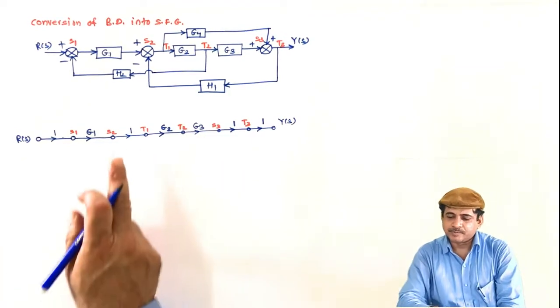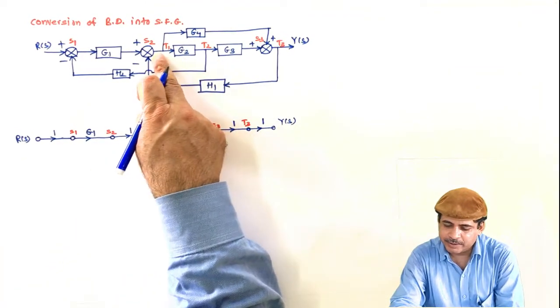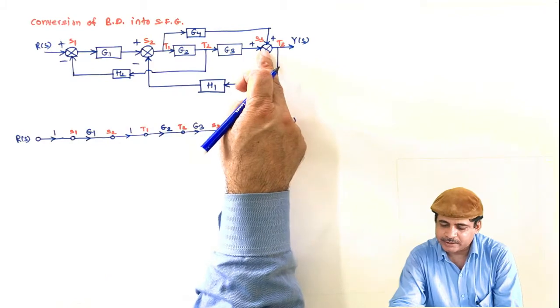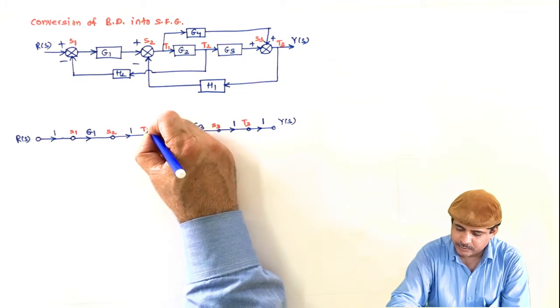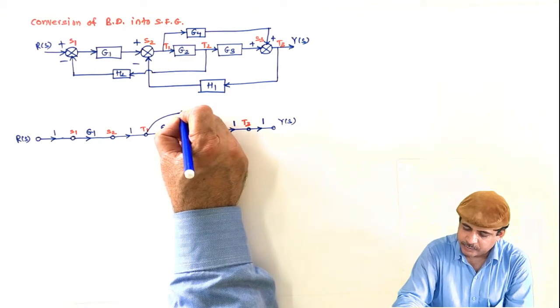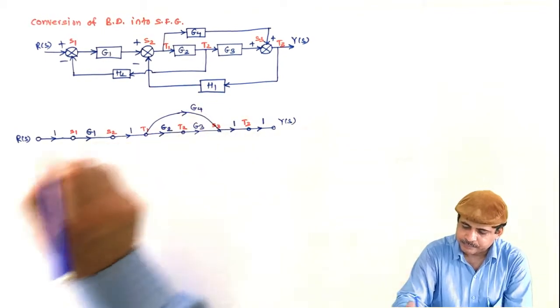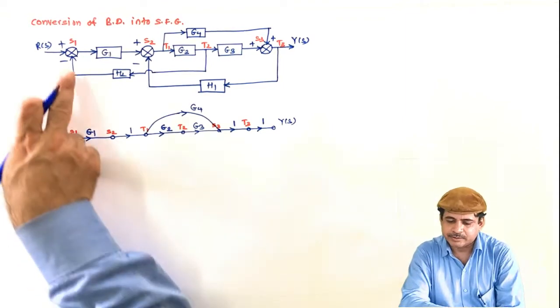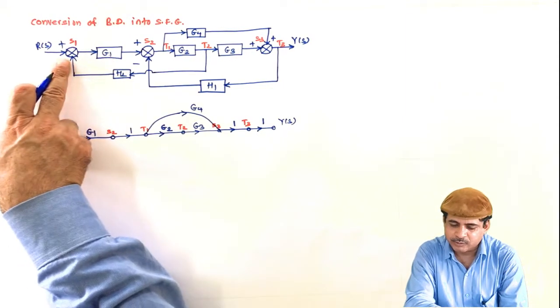And join this. See, this T1 is joined to S3 with gain G4. Carefully we have to do this. All the things we have to check.